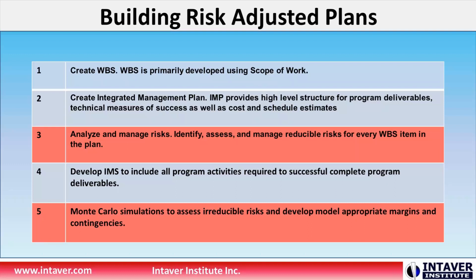And step 5, once we develop this and get to a more detailed schedule, we want to run the analysis against some more detailed schedules that include the uncertainties that we've identified in this project schedule.